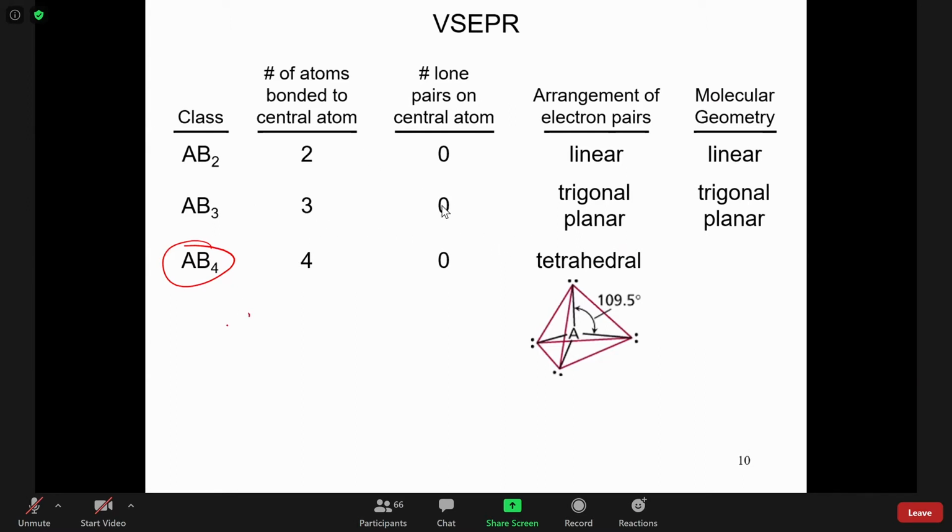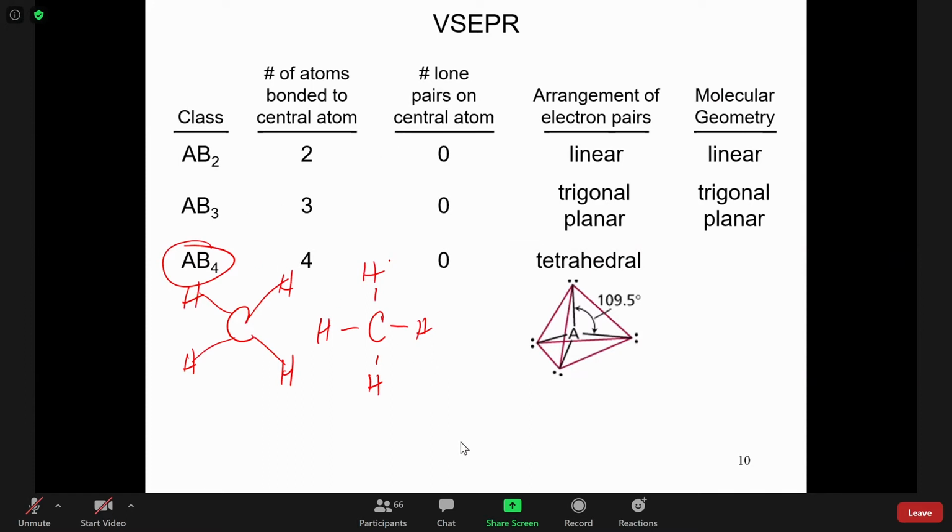Because if you think about the challenge of arranging 4 hydrogens around your molecule and maximizing the distances between these 4 atoms, if we just drew it like this, like a Lewis structure, how far apart would each of these bonds be from each other? 90 degrees.